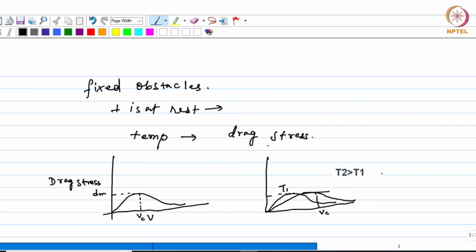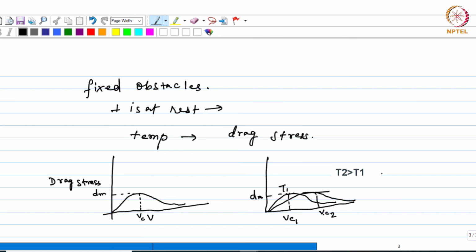So this is the critical velocity corresponding to the temperature T2, and this corresponds to the temperature T1. So to obtain the same maximum drag stress, the velocity of the dislocations has to be increased when the temperature is increased.